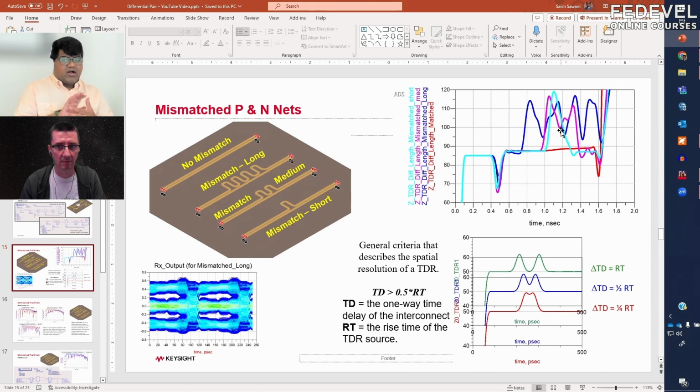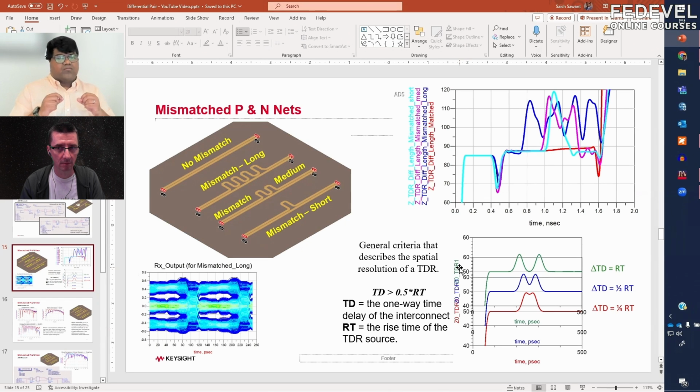But I want to caution that let's not just put the entire blame on impedance mismatch as the culprit. When we see this TDR profile, I have put this extra information, which again is from Eric's book. This is the general criteria to describe the spatial resolution of your TDR.